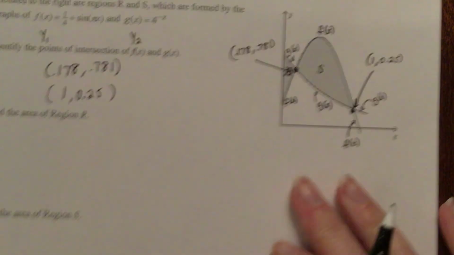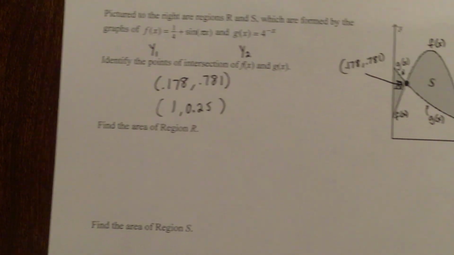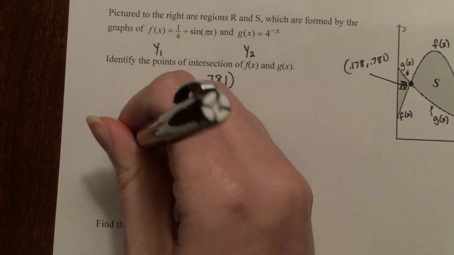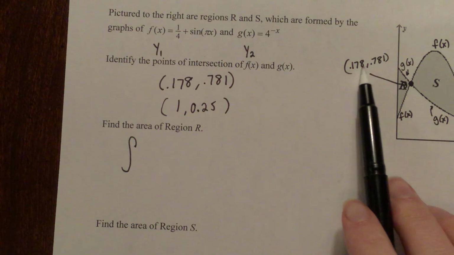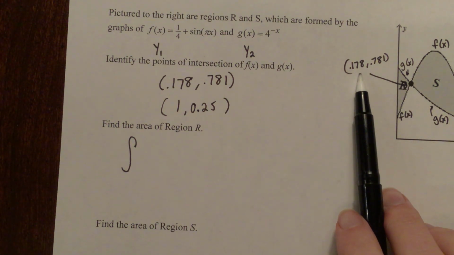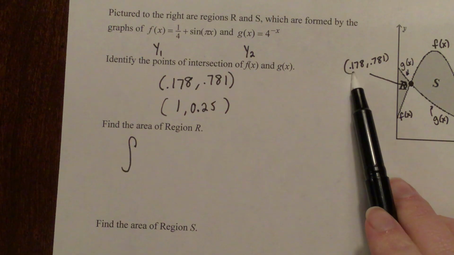Okay, find the area of region R. Area of region R is an integral. Integral from 0 to A. It looks like when I did this last year, I got a little bit lazy. I'm going to show you how we can be lazy. A is this number, right? The x value there.